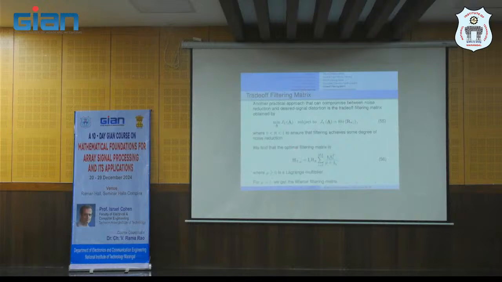So this is H, the trade-off filtering matrix, which is I, Rx, summation from i equals 1 to ML, t_i t_i transpose divided by mu plus lambda_i.